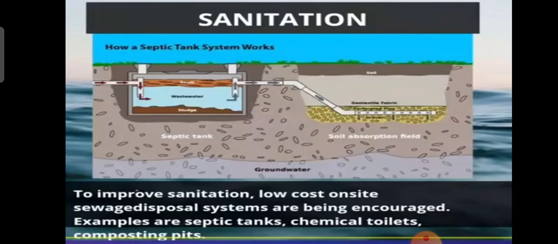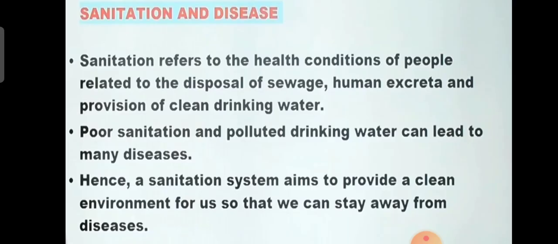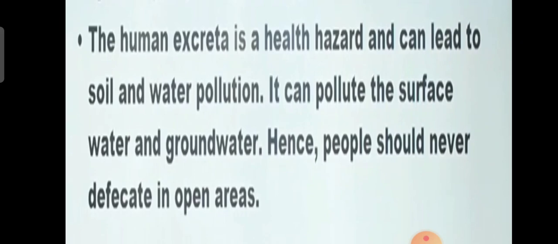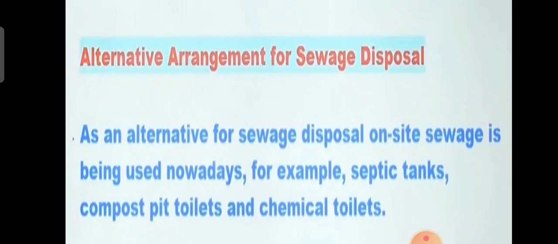Okay. Now coming to the next topic, which is about alternative methods for sewage disposal. Now, what are these alternative methods? You know, students, in places like villages, maybe you have gone to villages, where a sewage system does not exist.